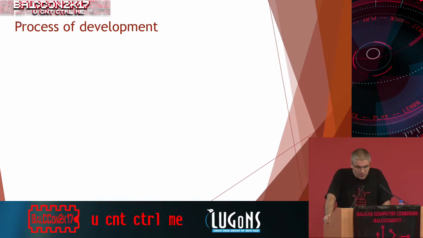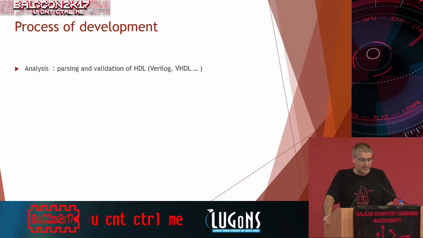So what's the process of development? That's the thing that we need to know before we start. Well, we have the analysis. Analysis is the part where we do the actual parsing of the input language. The first input language that was used was VHDL, and VHDL was sponsored by the Department of Defense of the United States.